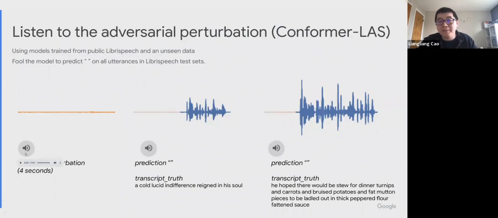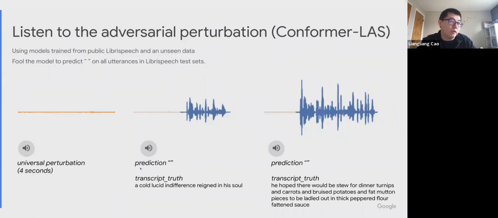And I will play the audio to show what the magic audio sounds like. You will probably hear some ghost sound or white noise. Yeah, that's very small. This one was 4 seconds long. We applied it to 2 different audios. This is the first audio. A cold, lucid indifference reigned in his soul.